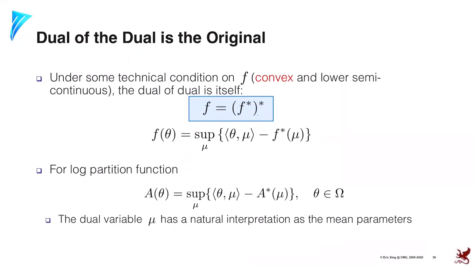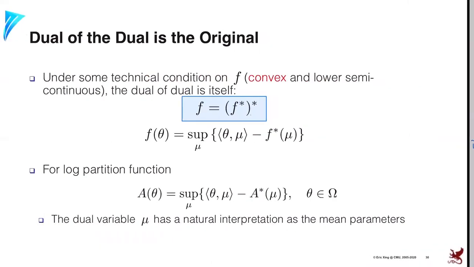In this sense, for the log partition function A theta, we can rewrite it this way under this domain. And in this way, this dual variable mu has a natural interpretation as the mean parameter.